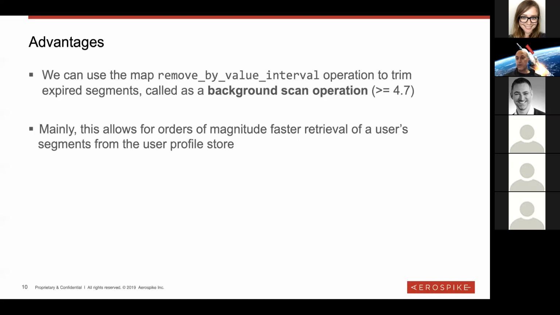Just call this remove operation once, and then you don't need to care about it at the read level. You don't have to combine a read operation with this remove every single time. And again, this gave literally 3 orders of magnitude faster retrievals of data from this type of data store.